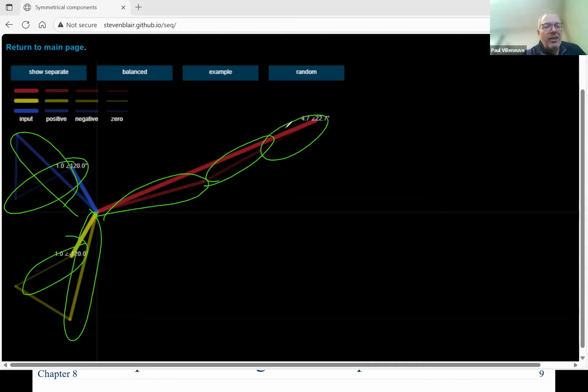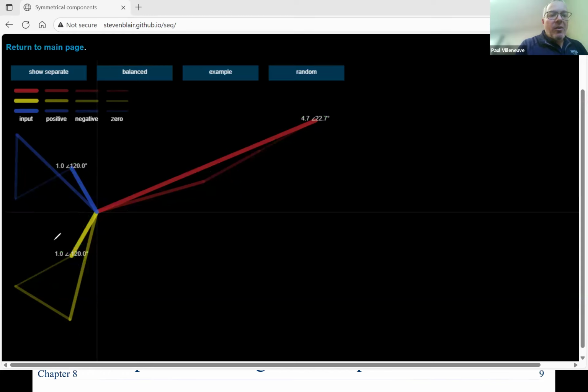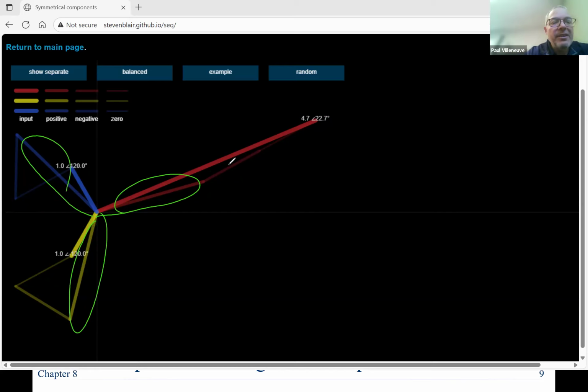Oh, I can't really see it all that well. If you look closely, actually, I think I grabbed, let me back up and do that again. So this is the positive. The negative should be this one right here.